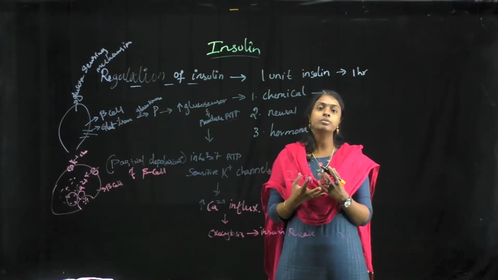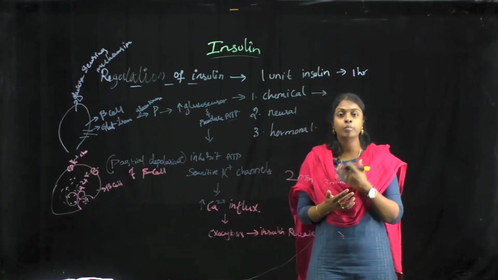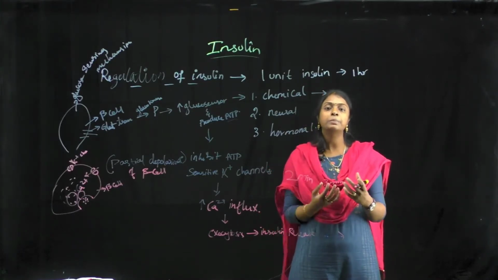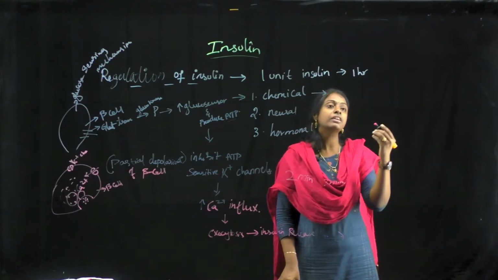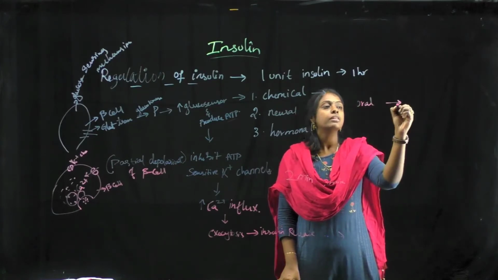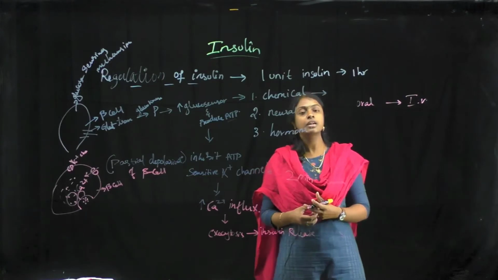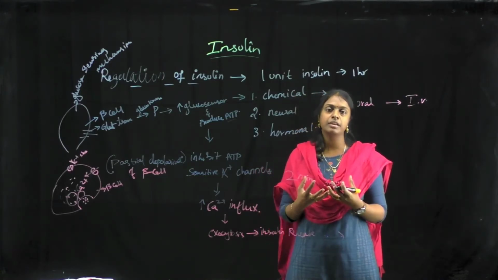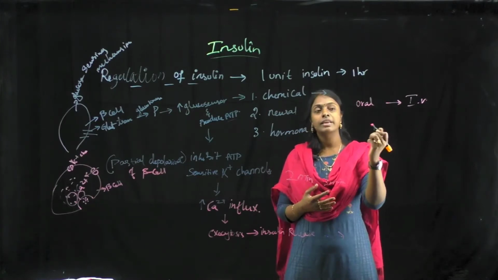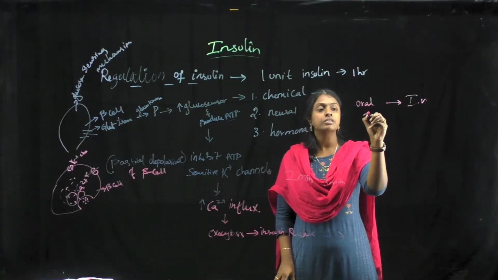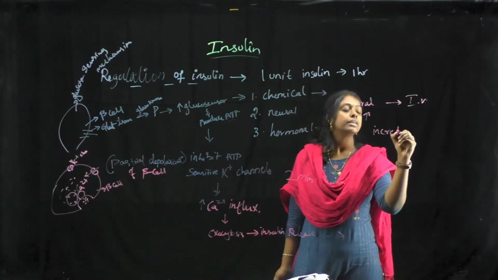Not only glucose, some nutrients along with glucose, when they enter our body, will also help in the secretion of insulin. When we give insulin orally, it has more effect than giving it through IV, because when we eat something like glucose or any food, that will enhance the effect of insulin, because it also helps in the secretion of incretins.